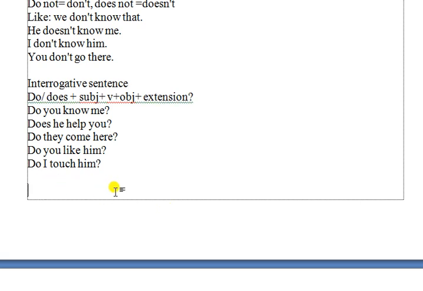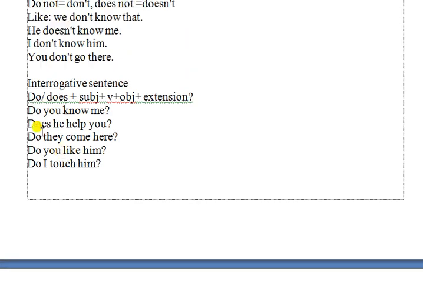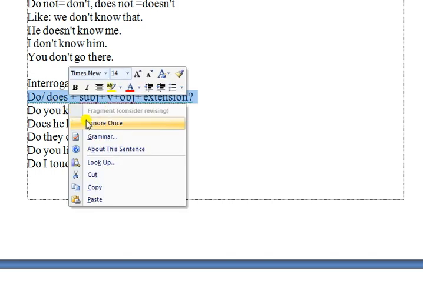We can also make our interrogative and negative sentence in this way.